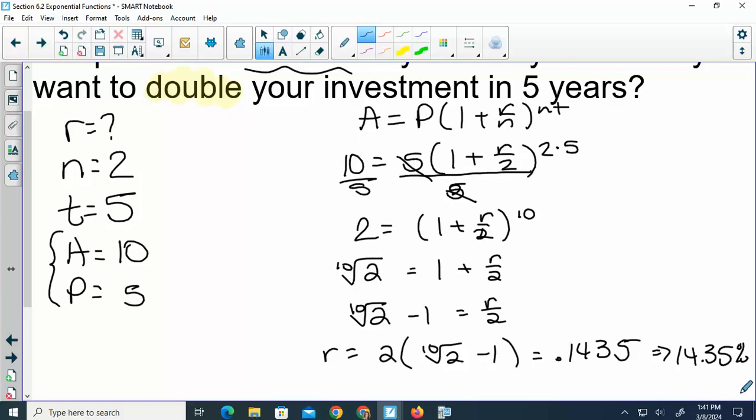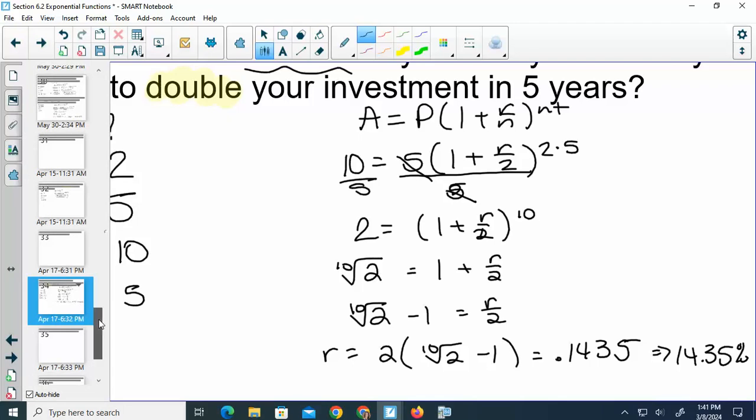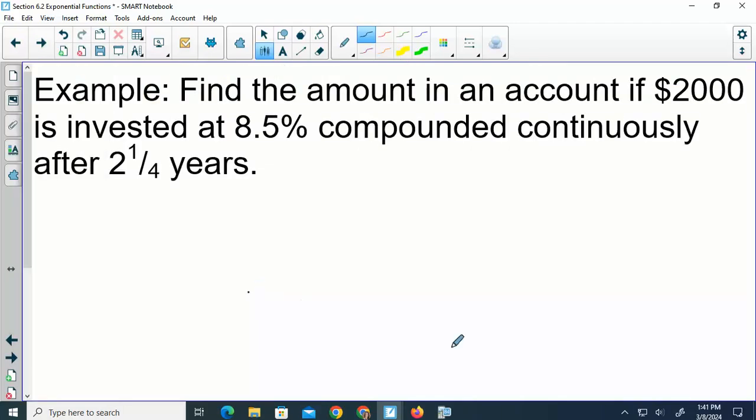Any questions there? I want you guys to try this one. Invested. So the 2,000 is invested. So is it A or is it P? No, P. It's what we put in. So the P is 2,000.